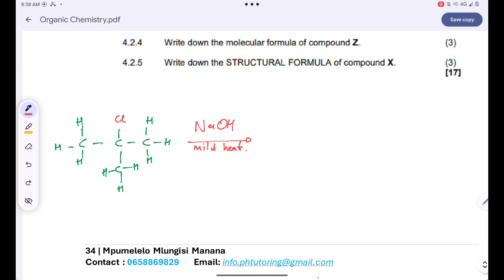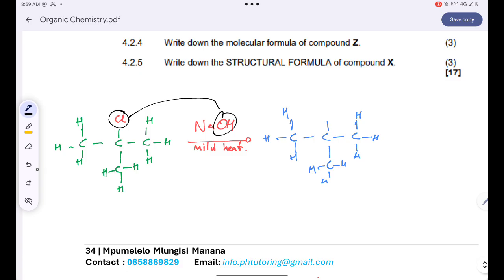Okay, so what will happen over here is that I will form an alcohol. I'll still have my hydrogens over there. Hydrogen, hydrogen, hydrogen. And then the Cl will switch places with the OH. I'll simply have an OH over there.